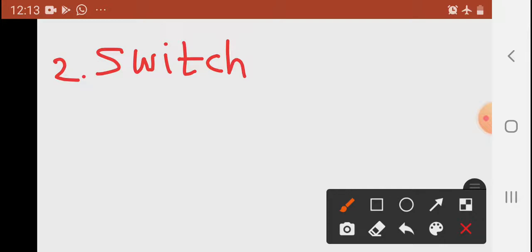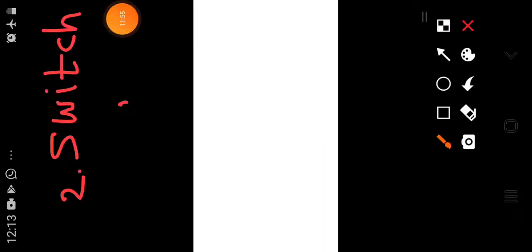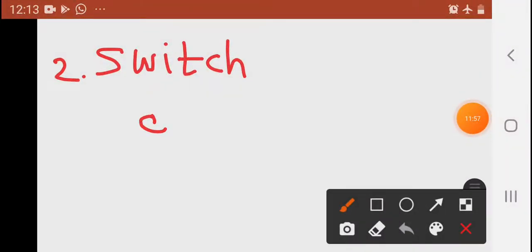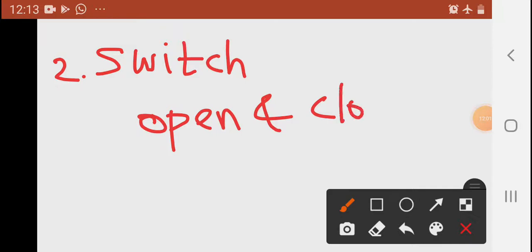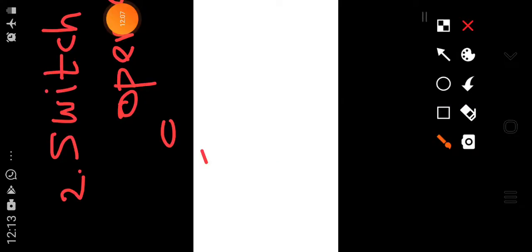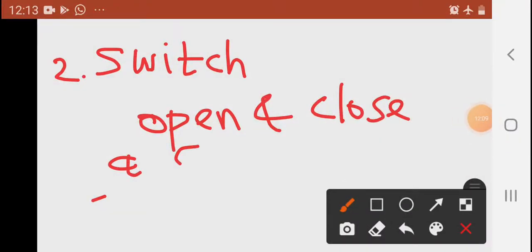Switch is, I think, to open and close a circuit.